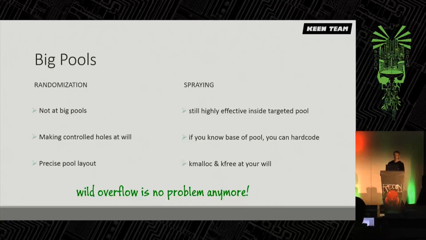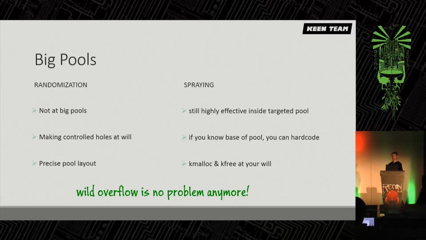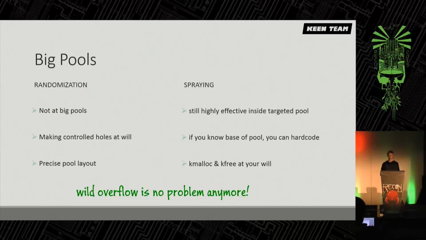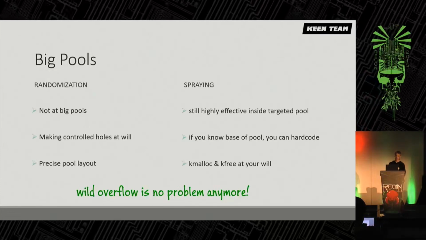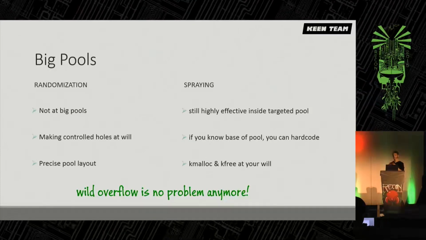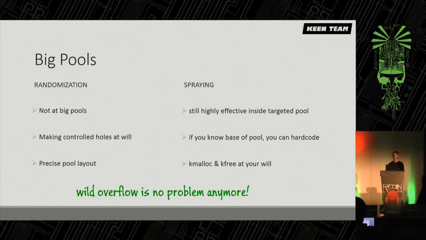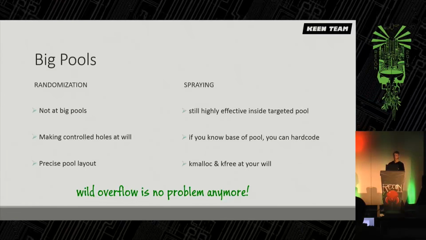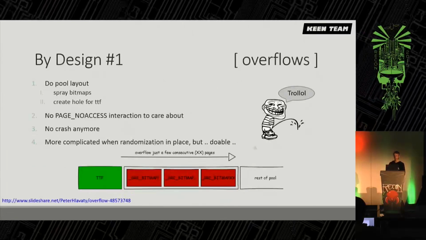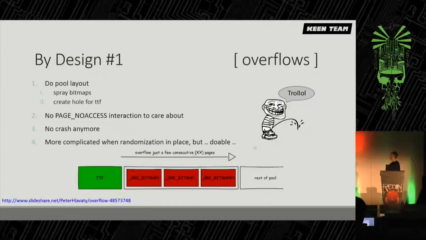And what does it mean? When you know the base of the pool, you can also hardcode it. We don't use it, but you can. Also, you can basically invoke ExAllocatePool or ExFreePool from user mode indirectly, which is a really cool feature. That means you can handle the wild overflow.